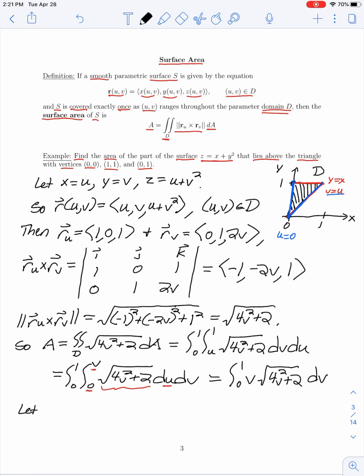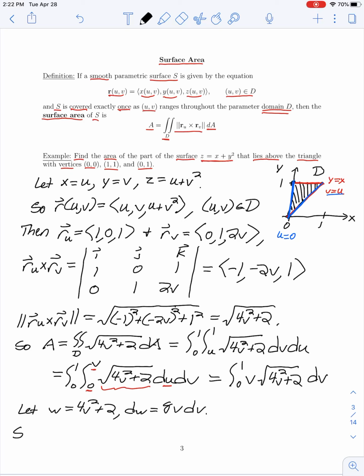So here, normally we would let u be the variable for our substitution, but since we're using u as a parameter here, let's maybe make use of w instead. So we're going to let w equal 4v squared plus 2, in which case dw is 8v dv.